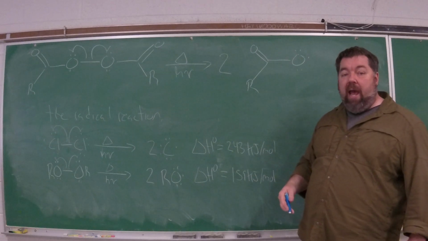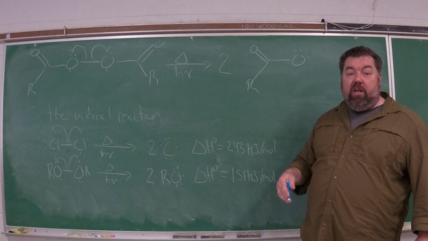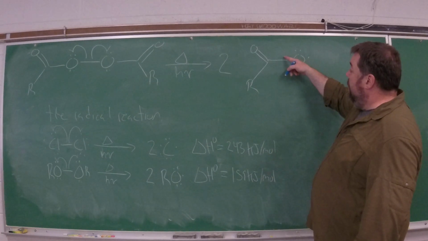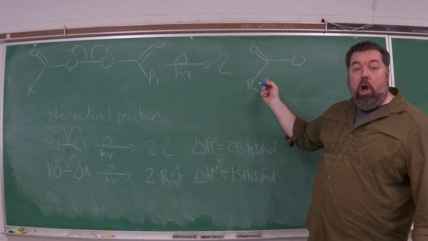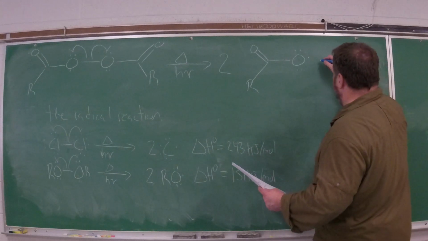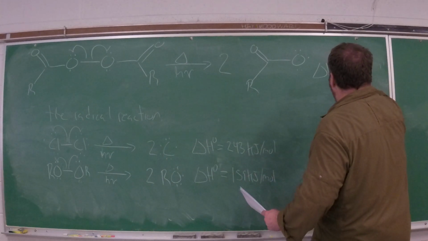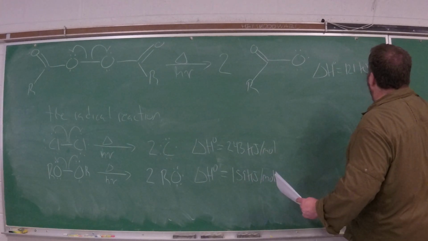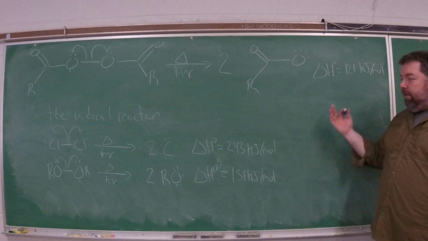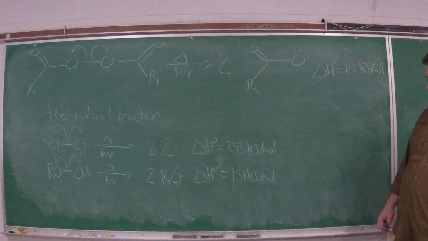Because you'll be able to have resonance stabilization of the radical, right? We could move this around, this to here, move the radical there. So this will be more stable. So delta H will be even lower. And it is. In this case, delta H is 121 kilojoules per mole. Okay? So anyway, these are all radical initiators.